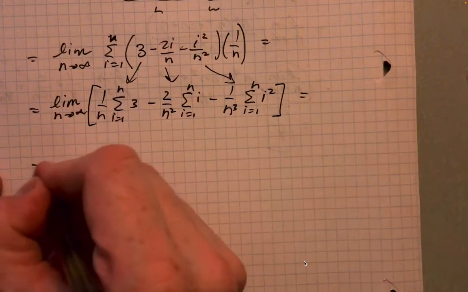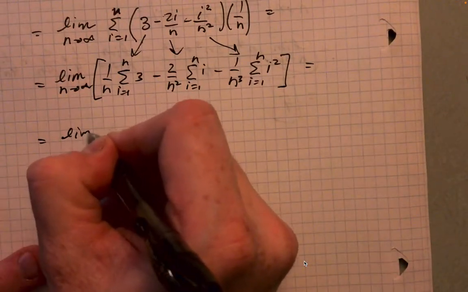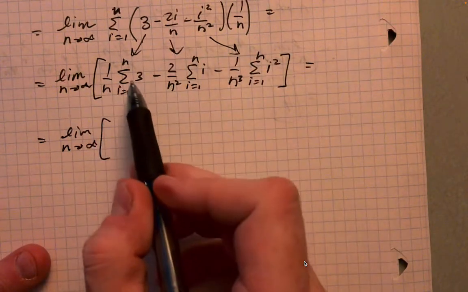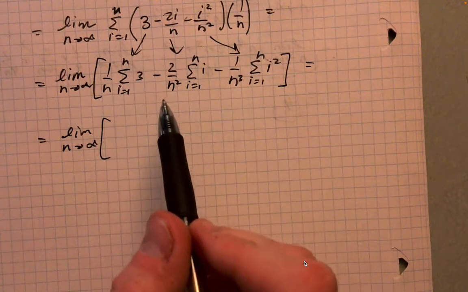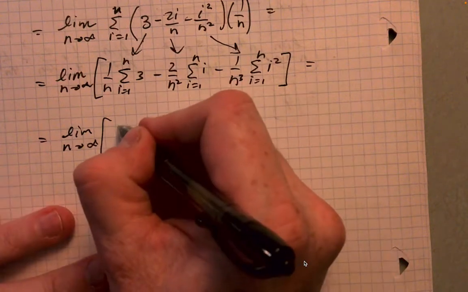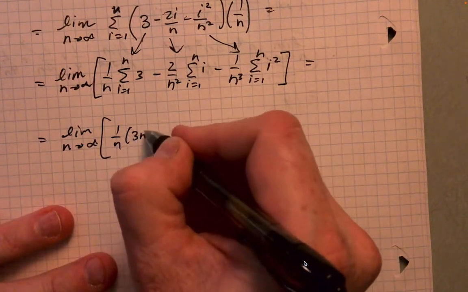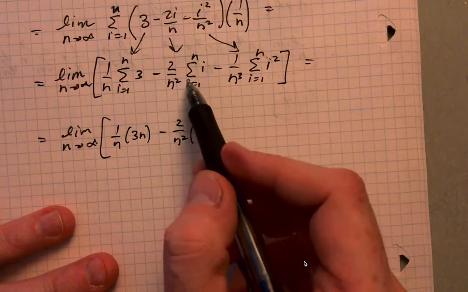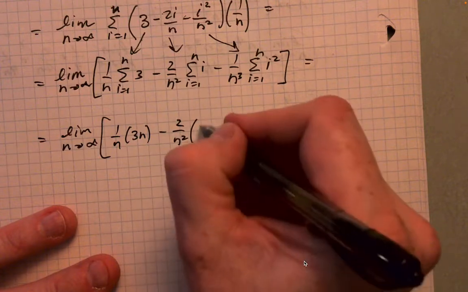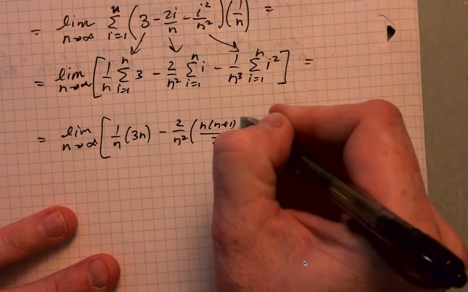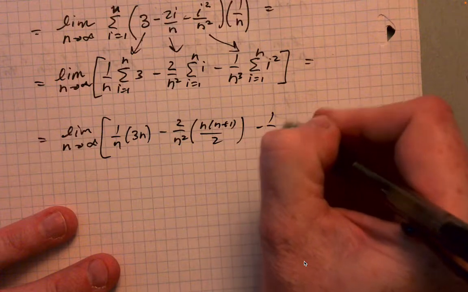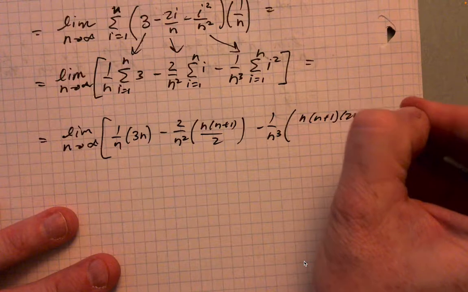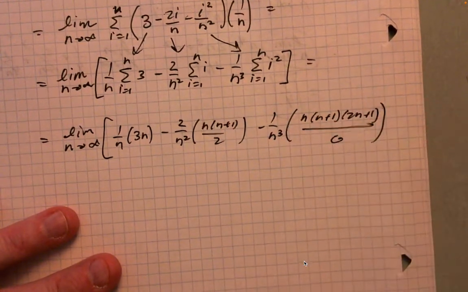Okay. And that's going to be equal to the limit as n goes to infinity of, well, we can figure this out, right? So it's 1 over n times 3n minus 2 over n squared times, now what is this? That's n times (n plus 1) over 2, minus 1 over n cubed, and then this would be n times (n plus 1) times (2n plus 1) over 6.